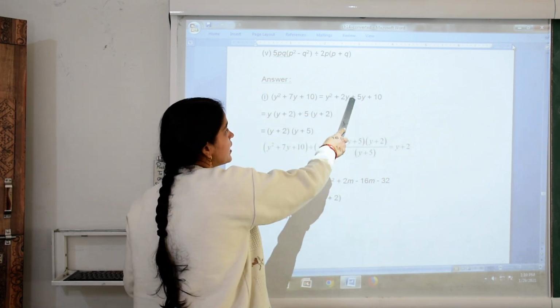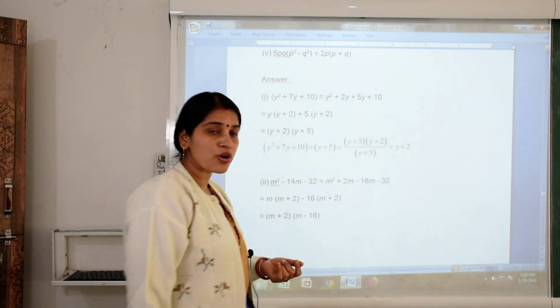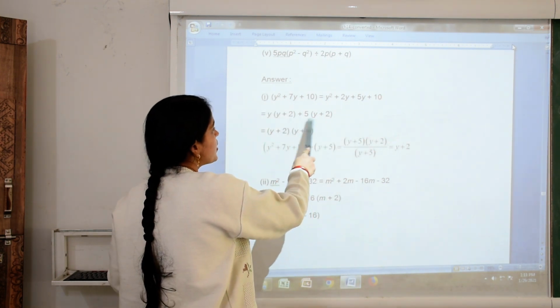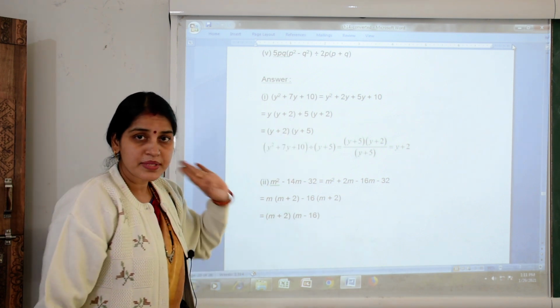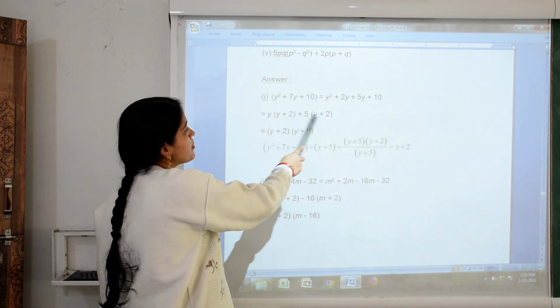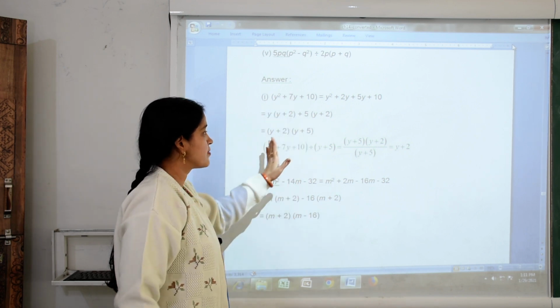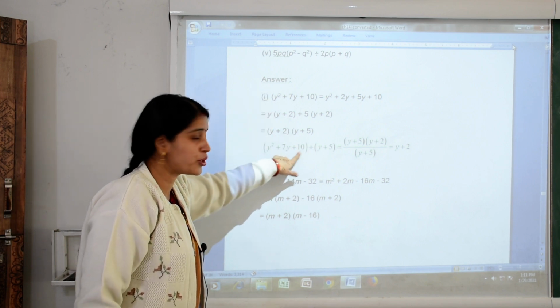Then here plus sign, and in both 5 is common because 5 twos are 10. So we take 5 common, and in bracket y plus 2. Now both the brackets are equal, that means y plus 2, and in the second bracket we write y plus 5. So this is the solution of the numerator.